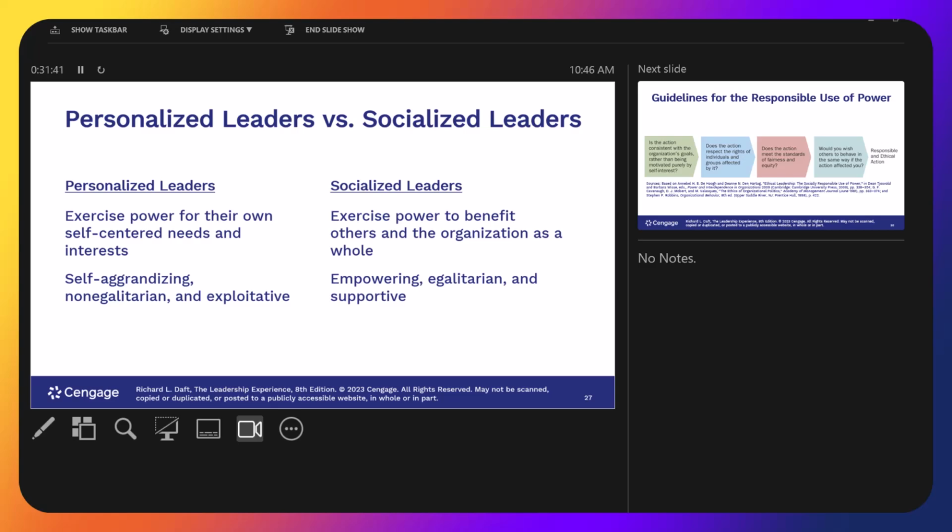They will do things for the good of the whole, for the organization or for the group. And because a lot of them do that and they're good at it, guess what happens? They get promotions and they get recognized, even though they may not be seeking it, because they're recognized for their expertise and how they get things done. Those are the kind of leaders that most people are attracted to.